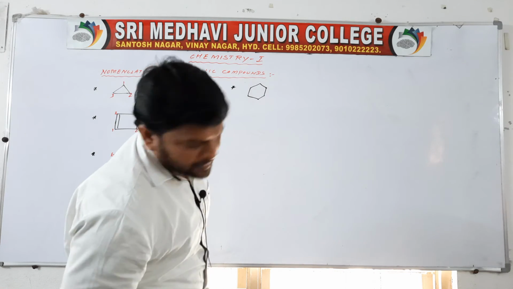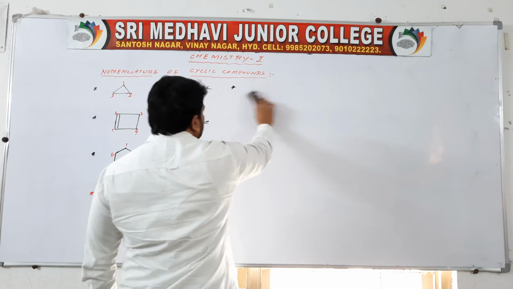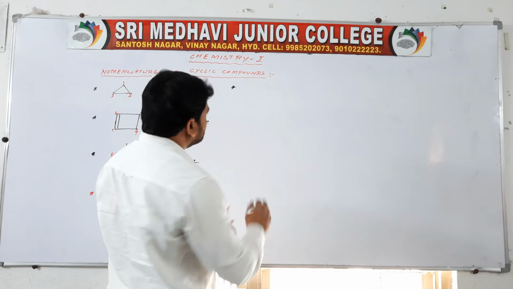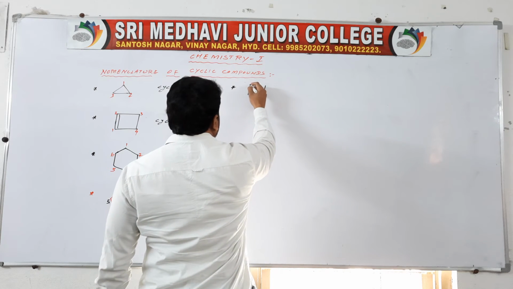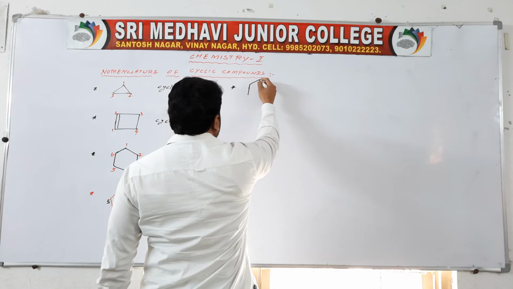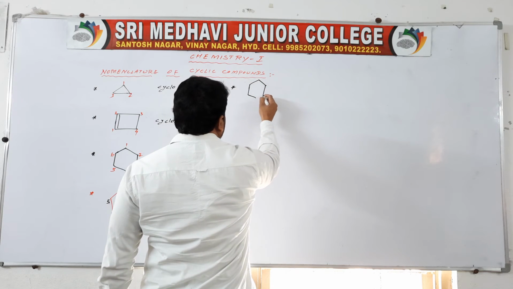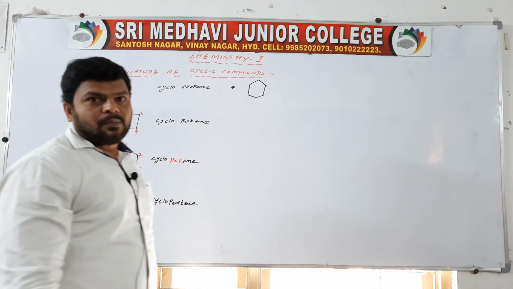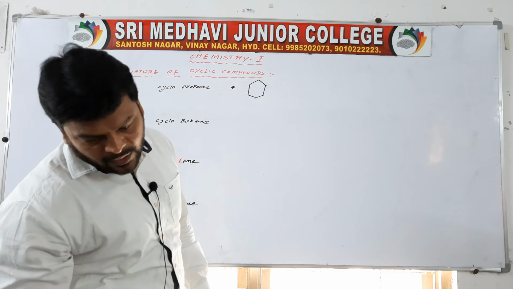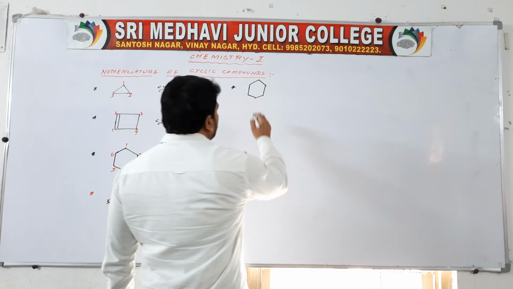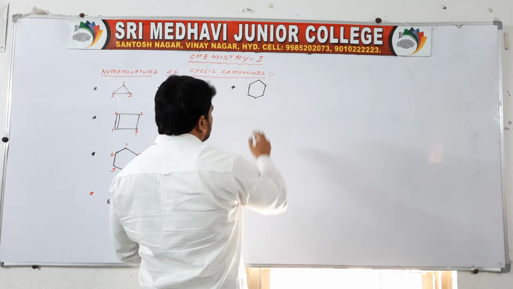This is a cyclic compound which has 6 carbon atoms. It has branches.